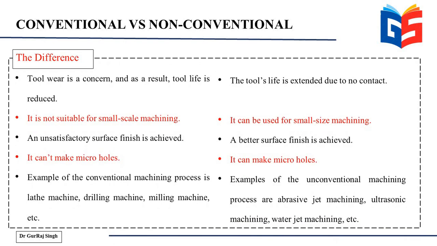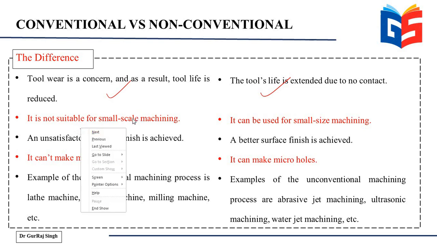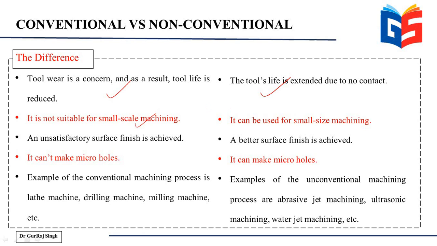Then, tool wear is a concern, and as a result, tool life is reduced. But in non-traditional machining, the tool life is extended because there is no contact between the tool and the workpiece. Traditional machining is not suitable for small-scale machining. But non-traditional machining can be used for small size machining.